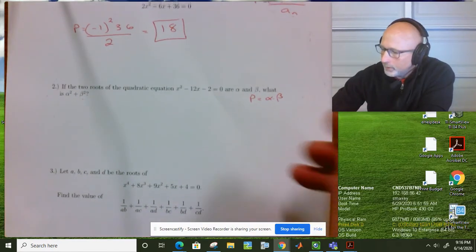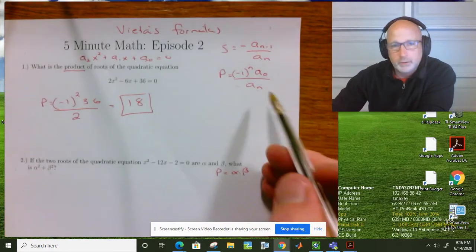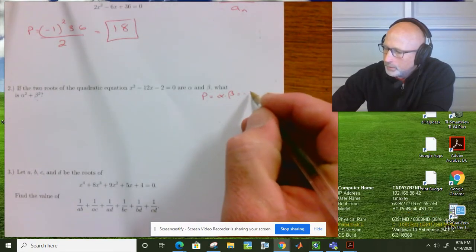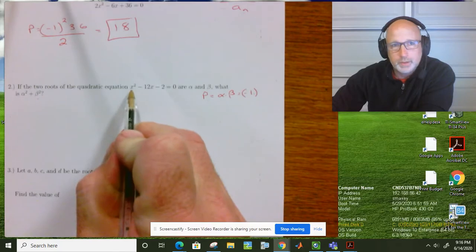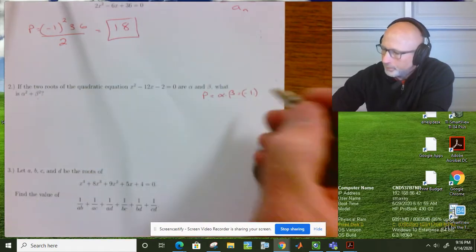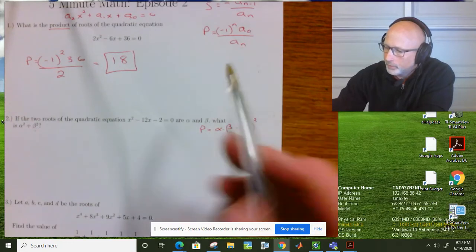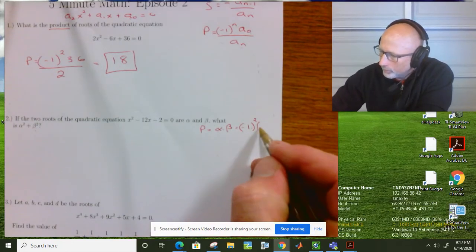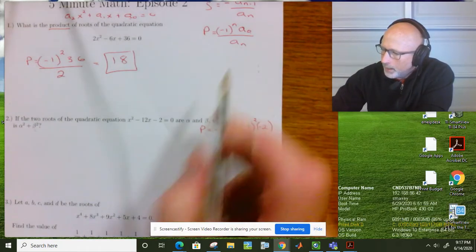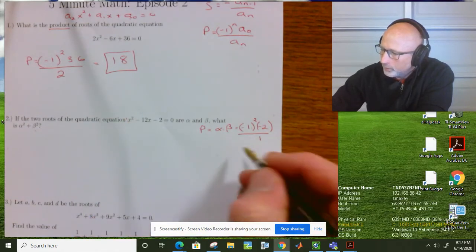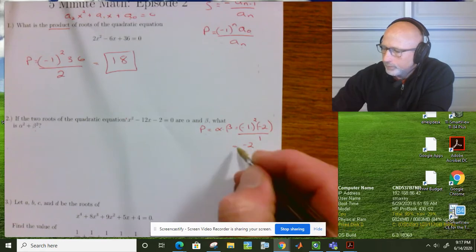Going back up and using this formula, I'm going to have negative 1 to the power of 2 because this is a second order polynomial, a naught, which in this case is negative 2, all over an, and an is 1. So this is simply equal to negative 2.